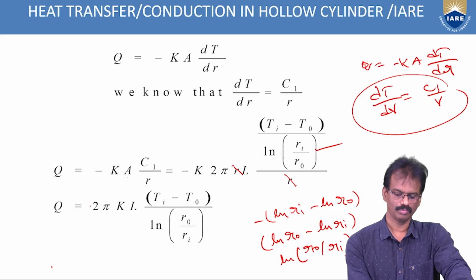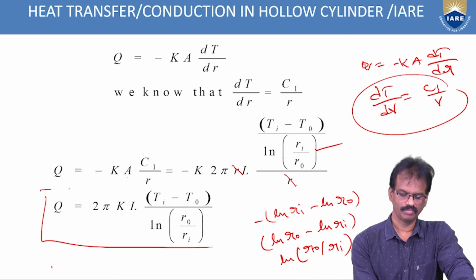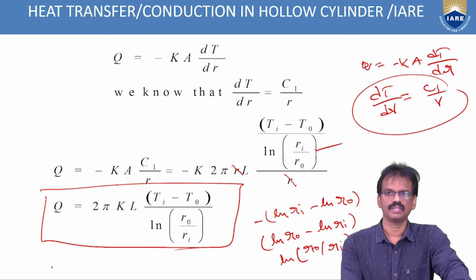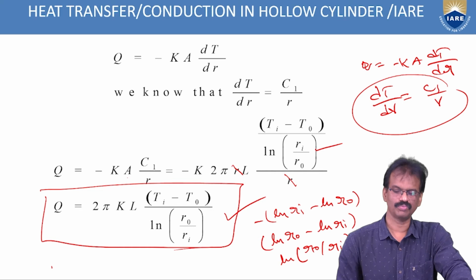So this is the formula for the rate of heat transfer in cylinders. How to remember this formula?